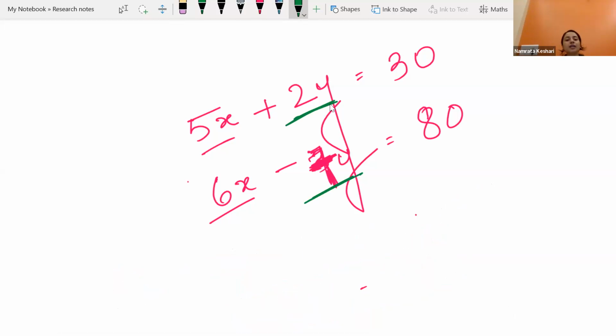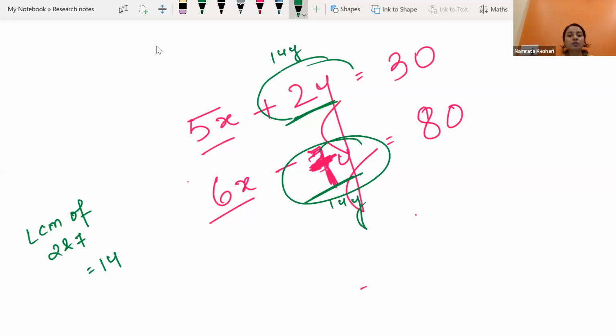First we will find the LCM of 2 and 7. What is the LCM of 2 and 7? 14. We want to make both equal to 14y.